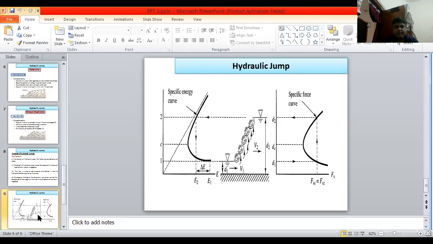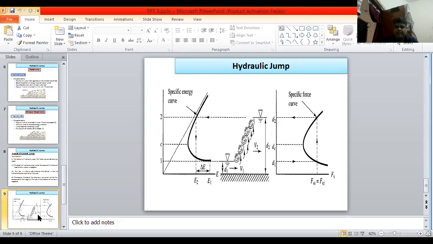At a particular specific force, the curve is cut at two points, and both depths are known as conjugate depth or sequent depth. So please remember, in a specific force curve, the two depths, before the jump and after the jump, are known as conjugate depth or sequent depth.